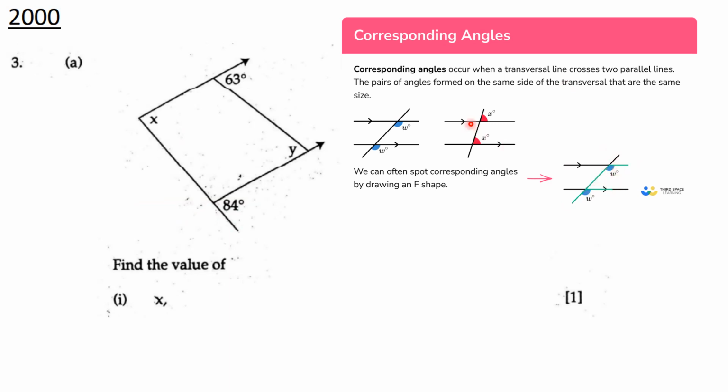And this one is also an F shape, right? So how are we going to find the value of x? Well, let's draw out the F inside of our diagram. So let's draw it. It's right here at the bottom here.